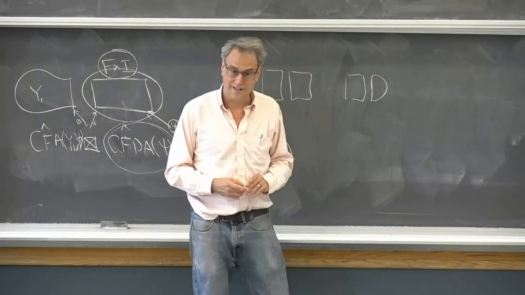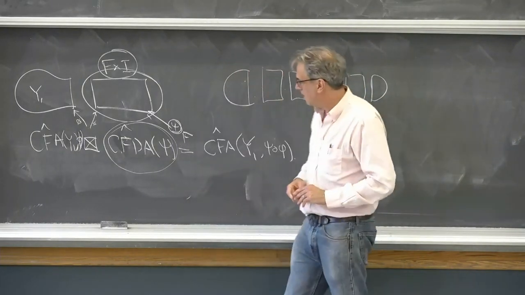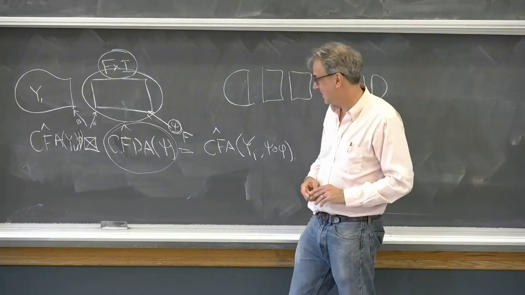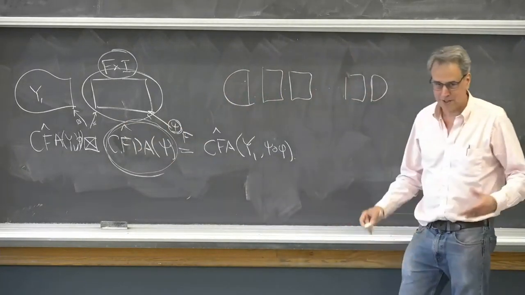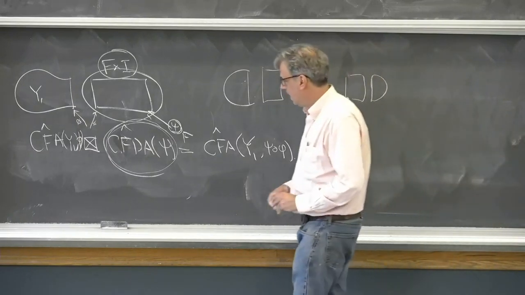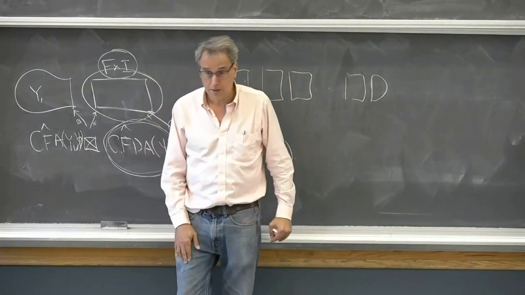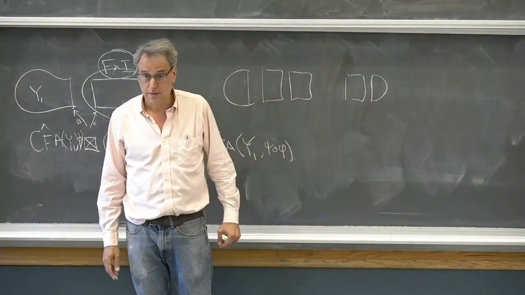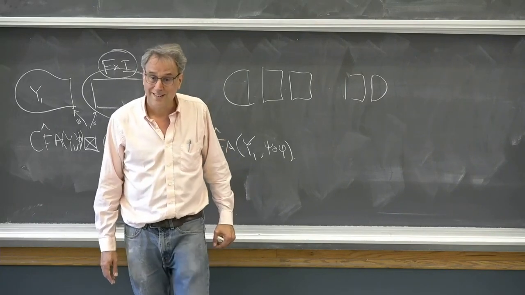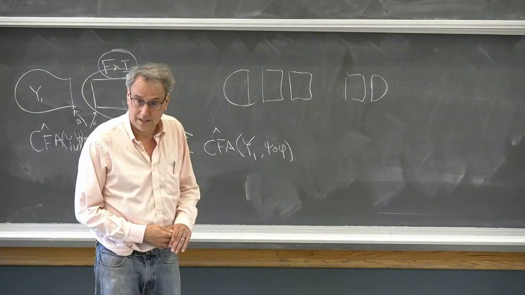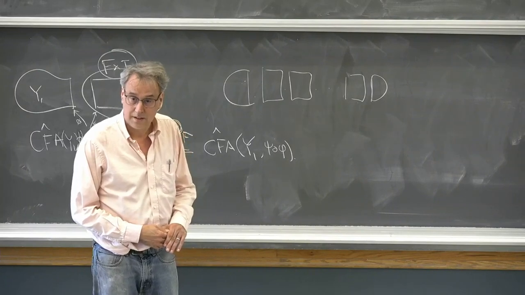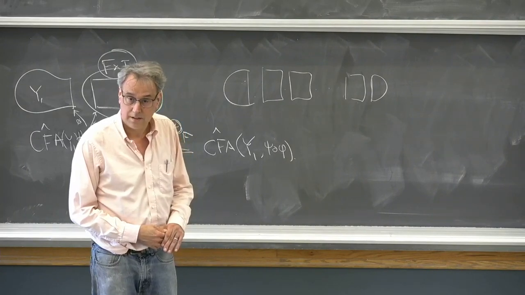So, yes? Could you describe what this bimodule is for? No. Okay, great. It's a magic bimodule. You want there to be a bimodule that has this property. I assume that this A of F is the differential graded algebra that is acted on by the mapping class group.